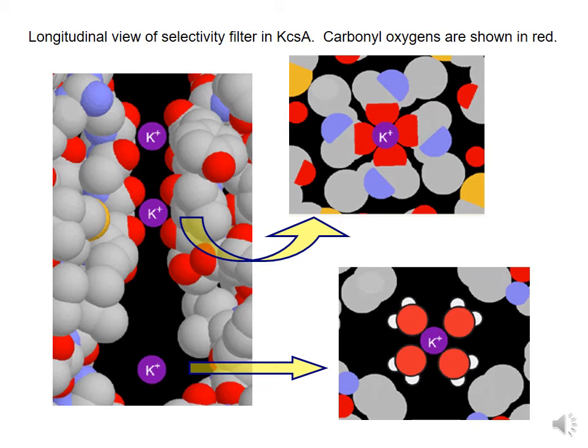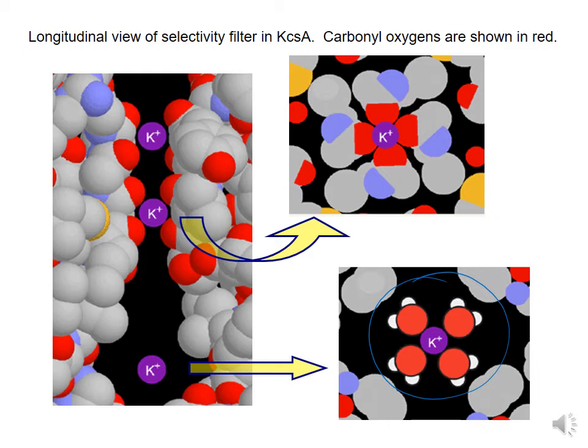A better view of how the selectivity filter works is perhaps in this figure. Here is a longitudinal view of the selectivity filter in these KcsA channels, and at the bottom are shown potassium ions with their hydration shells. You can see that these potassium ions in the large cavity are still bound to water molecules.